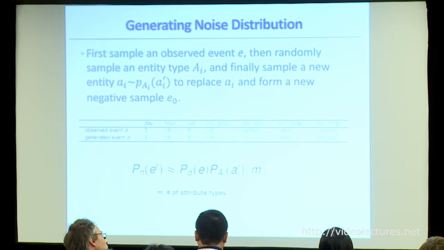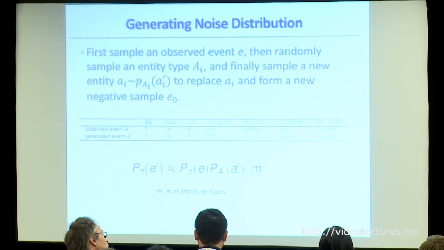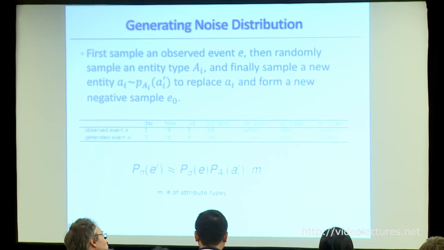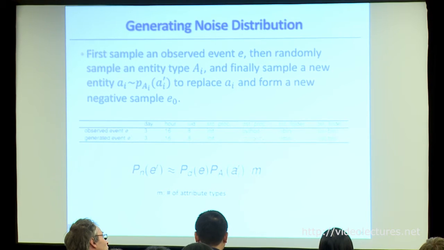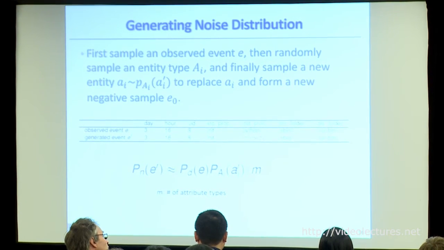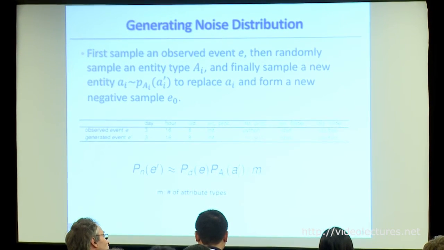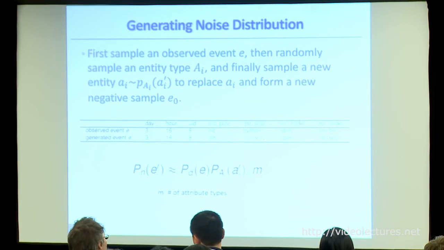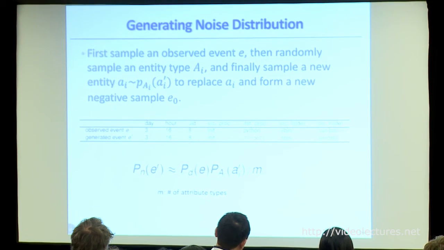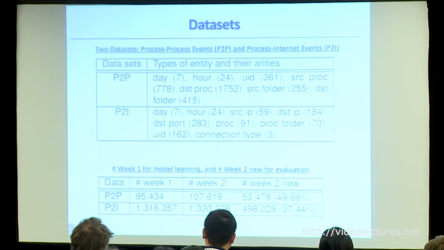So we have done some tricky part. Basically we randomly pick an entity type, and for that entity type, we switch the value by doing some uniform sampling, but we keep the remaining part of this event the same. By this way, we can generate this noise distribution.